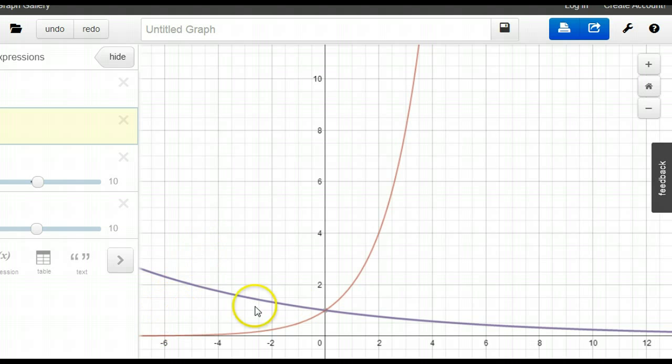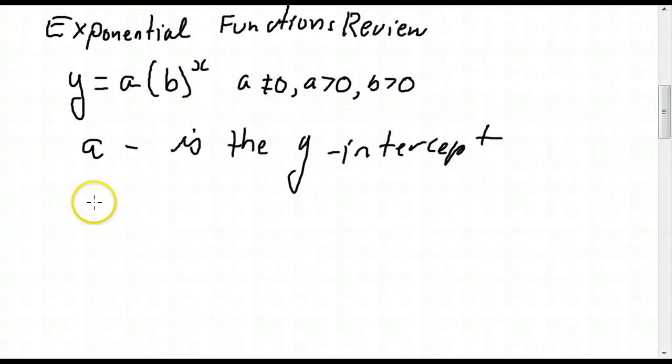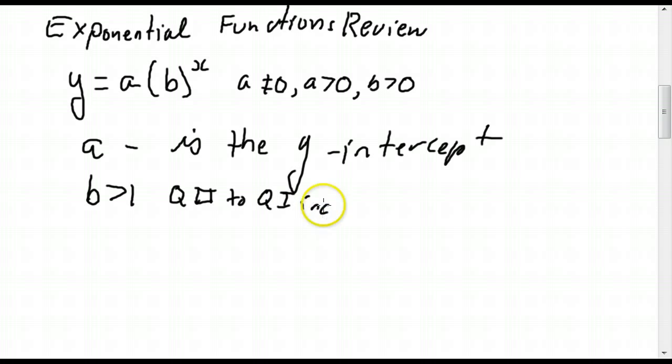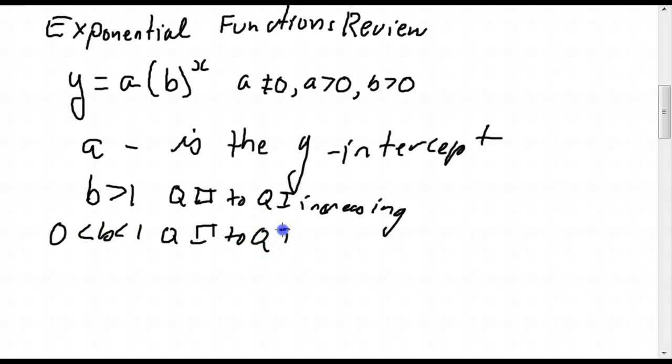The end behavior is from quadrant 2 to quadrant 1 increasing if b is greater than 1, and it's from quadrant 2 to quadrant 1 decreasing if b is between 0 and 1.